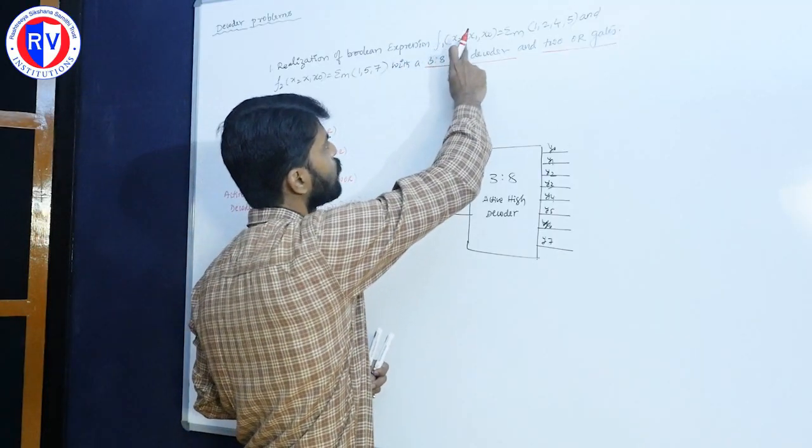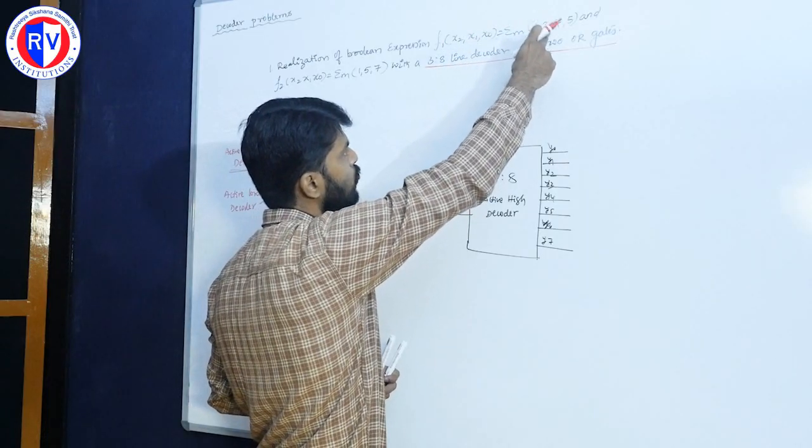Now we need to realize these two expressions. The first one is f1 of x2 x1 x0, which is equal to summation 1 2 4 5.